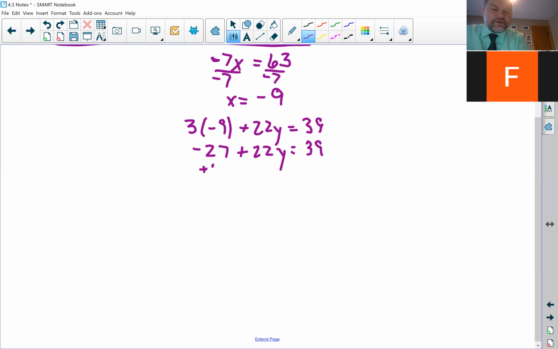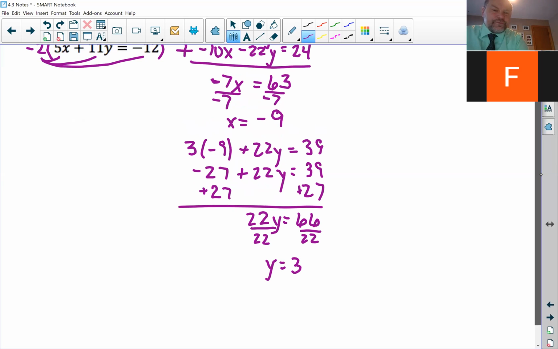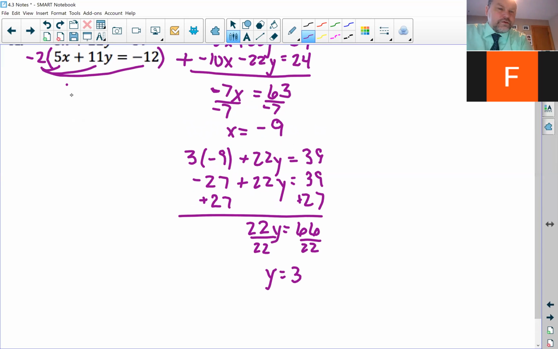I'm going to add 27 to both sides. 22y equals 66, since 39 and 27 is 66. Divide both sides by 22. y equals 3. So again, it looks like my solution is negative 9, 3. And I say it looks like because we do want to double check that.